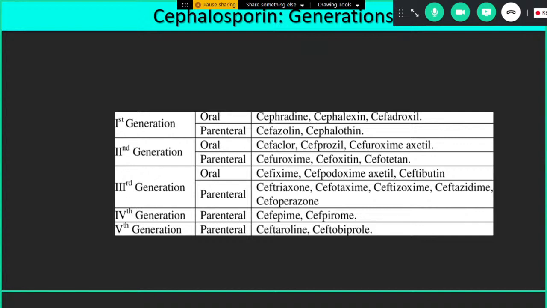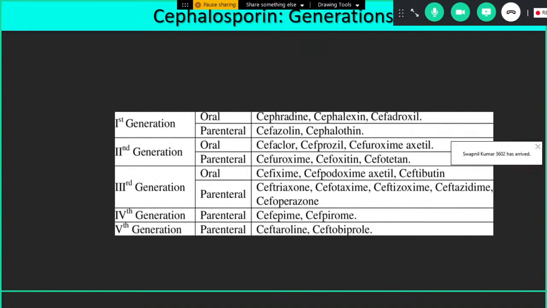So how do these generations differ? That is the main question. The first generation are basically like penicillin. They have very good activity against gram-positive bacteria.